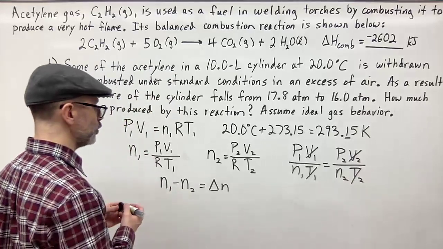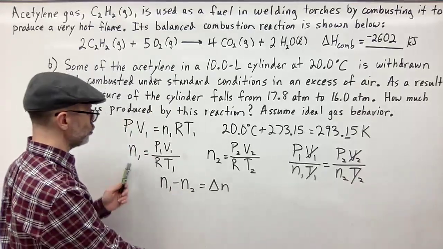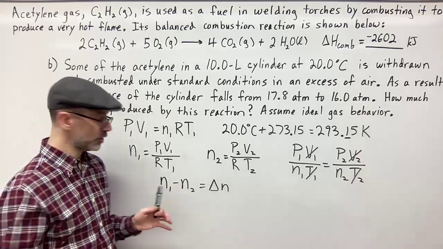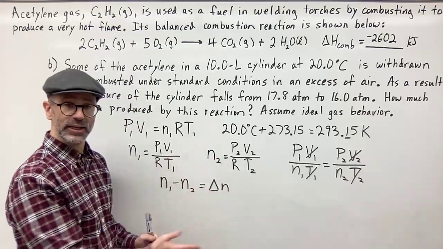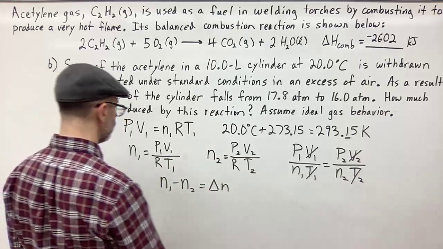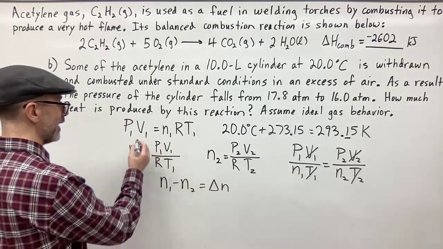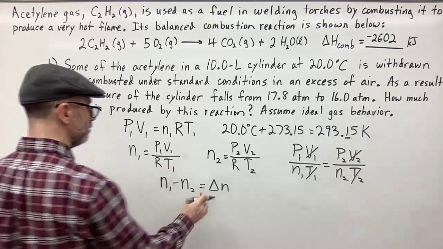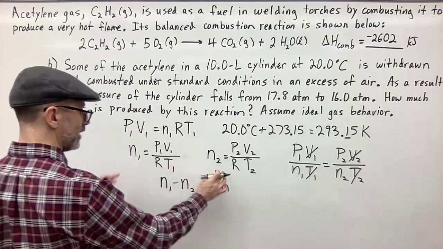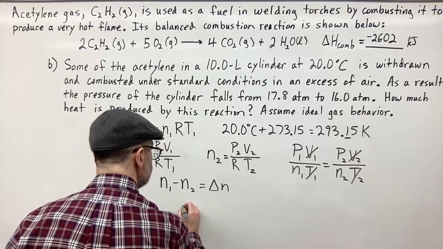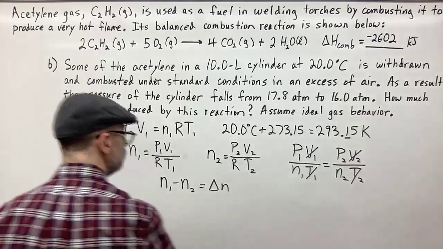So then what I could do, instead of doing this twice and subtracting, which is perfectly fine, you should get the same answer, just a little bit more calculations, more time consuming. What you can do is, if I subtract these two, think about this.